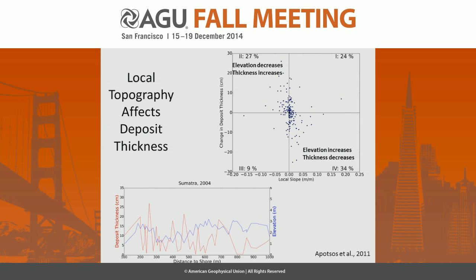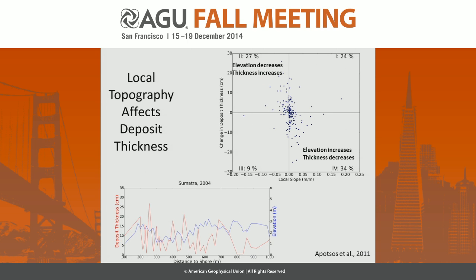An example of where we've seen that is in Sumatra following the 2004 tsunami. This transect shown here is a plot of deposit thickness and topography. And you can see for this transect, topography was a dominant control on deposit thickness. Deposits thicken in swales and thin on ridges.